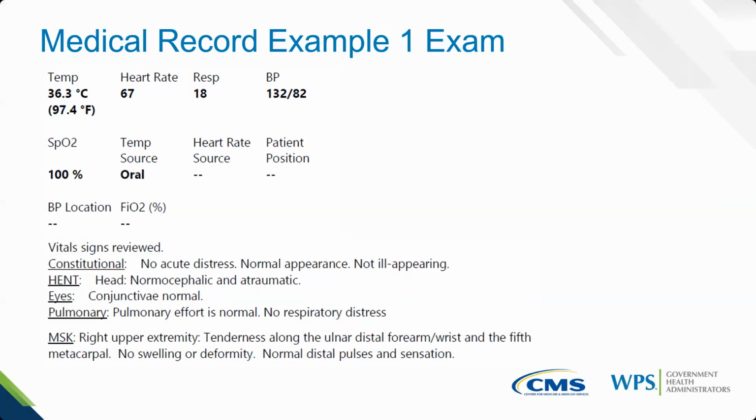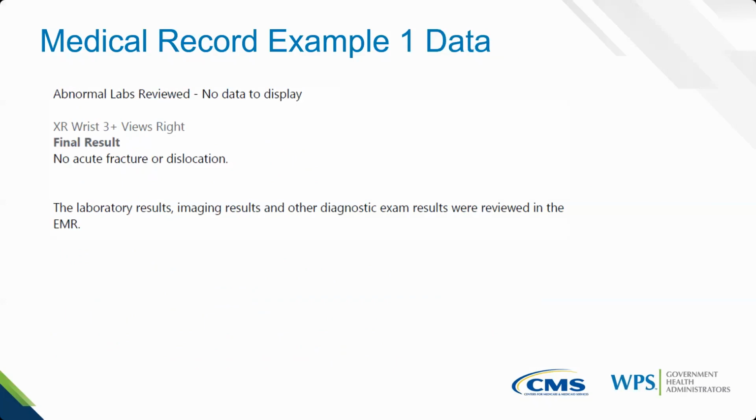And then it does, of course, mention that pain in the wrist. The next thing that we have is data. So we have no labs that have been done. It does identify that we have a wrist x-ray that has been done, and it gives us the response of that: no acute fracture or dislocation.